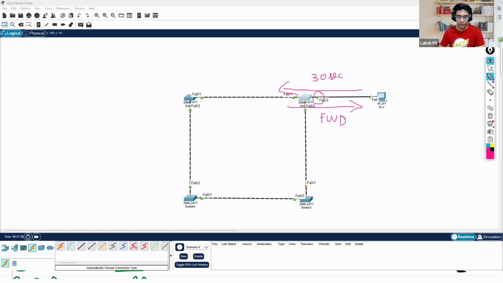Clear? Now, why would a PC wait for 30 seconds? So we will introduce something called a port fast interface.